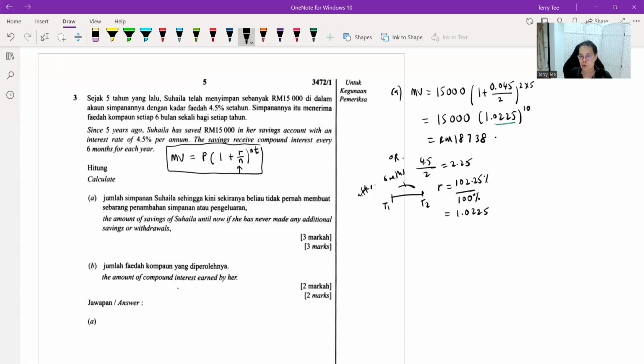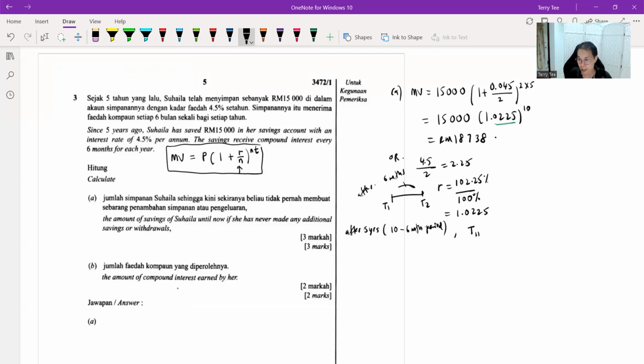Now, remember this, after 6 months, you get T2. After 1 year, you get T3. So after 5 years, that means 5 times 2, 10, 6-month periods. After 10 6-month periods, what we get is actually T11. We don't get T10, we get T11.